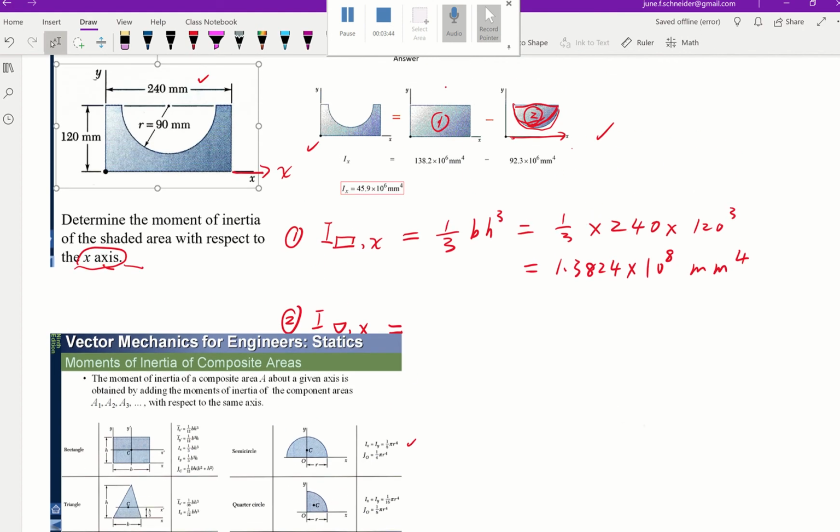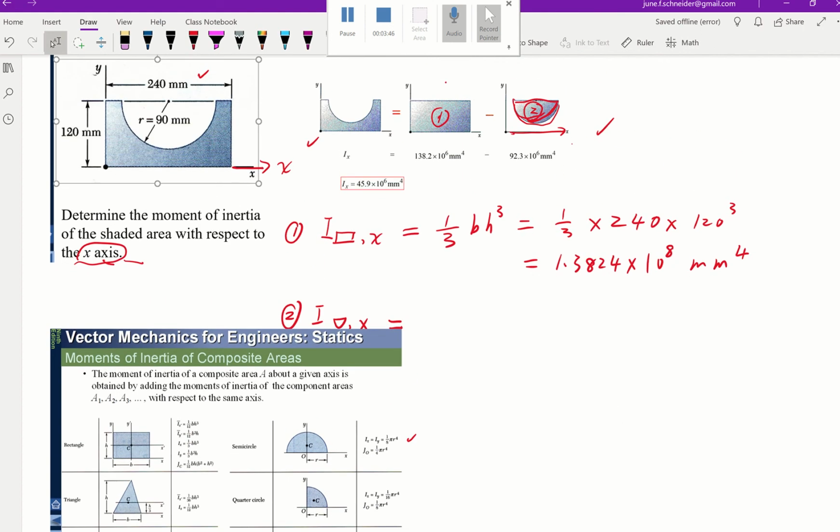So if I draw this semicircle in that particular orientation, regarding its base, which is right here, then we know our Ix is equal to 1/8 pi r to the 4th, correct?